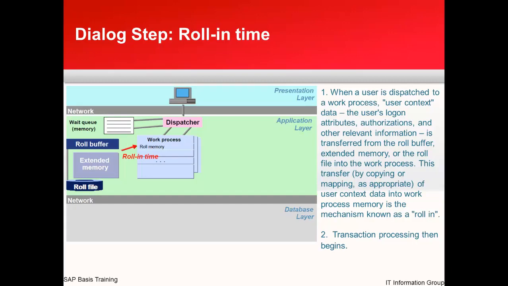This transfer of user context data into work process memory is known as roll-in. So roll-in of memory takes place. Then transaction processing begins once the roll-in happens. Roll-in basically copies the user's context into the memory. The context includes things like the logon information.